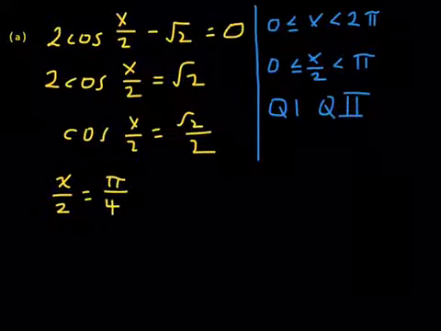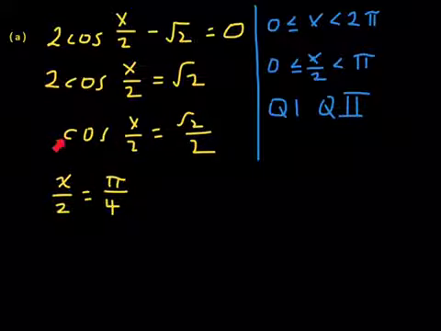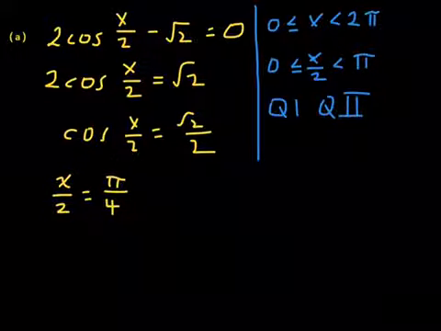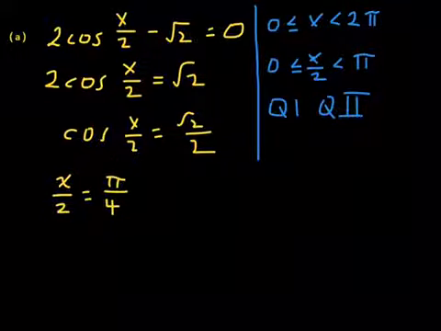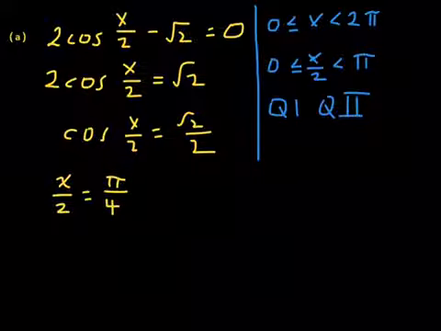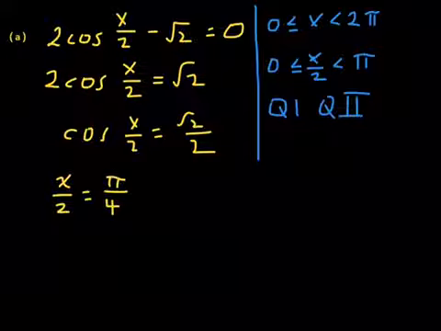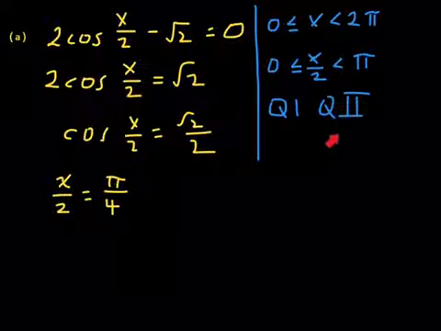What I just said is, if x over 2 is pi over 4, I know this will work. Cosine of pi over 4 is root 2 over 2. Now, in quadrant 2, we don't have an answer, because in quadrant 2, cosine values are negative. So this is the only answer I'm going to get.